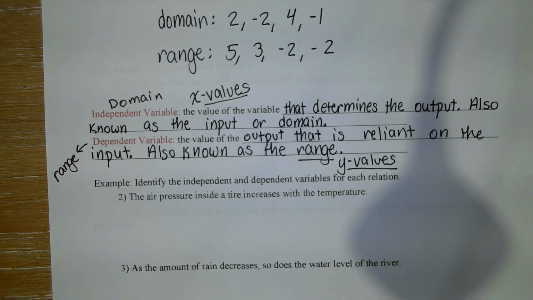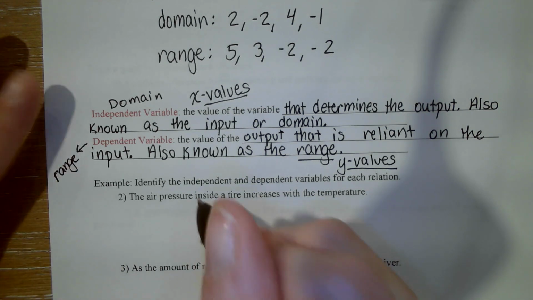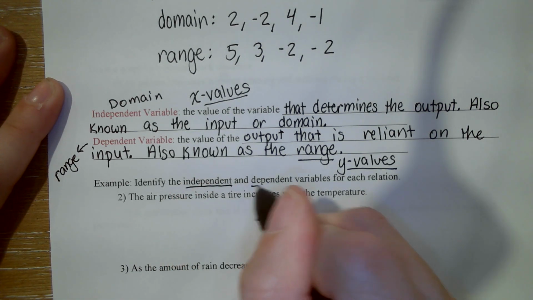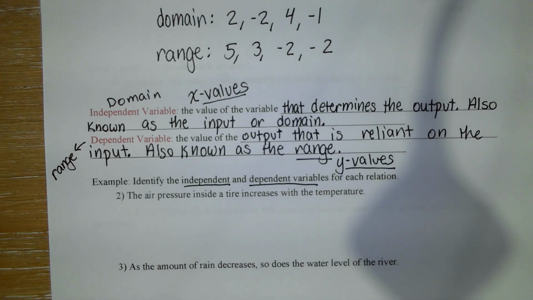So, in our first example, identify the independent and dependent variables for each relation. So, the first example is the air pressure inside a tire increases with the temperature. So, what is dependent and independent? Well, independent variables determine the result, determine the outcome.